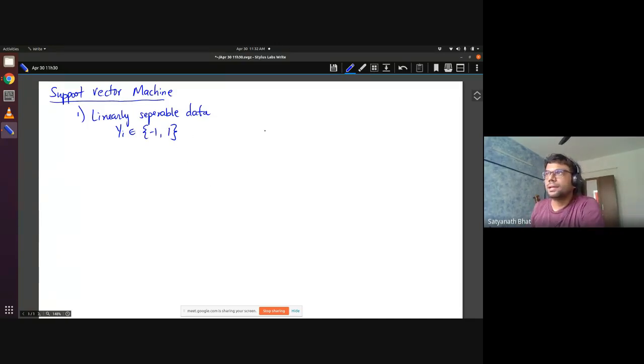Linearly separable data just means that there exists a W such that W transpose Xi plus B is greater than 0 if yi is equal to +1, and W transpose Xi plus B is less than 0 if yi is equal to -1. Typically we don't write it like this; we write it as W transpose X with the augmented feature vector X tilde. But in the context of support vector machine, instead of writing W transpose X tilde greater than 0, I'm just writing the intercept term also.